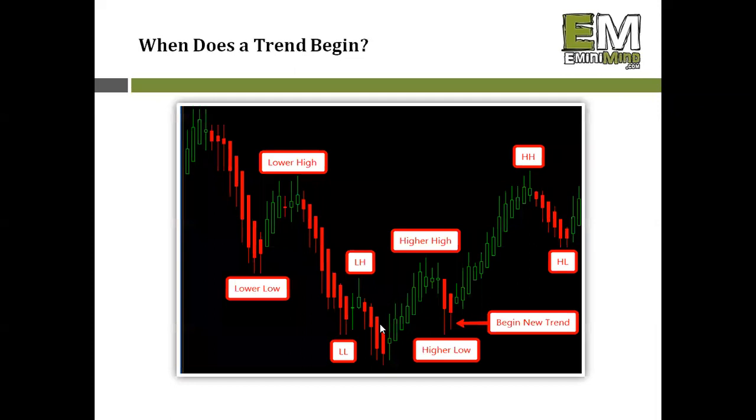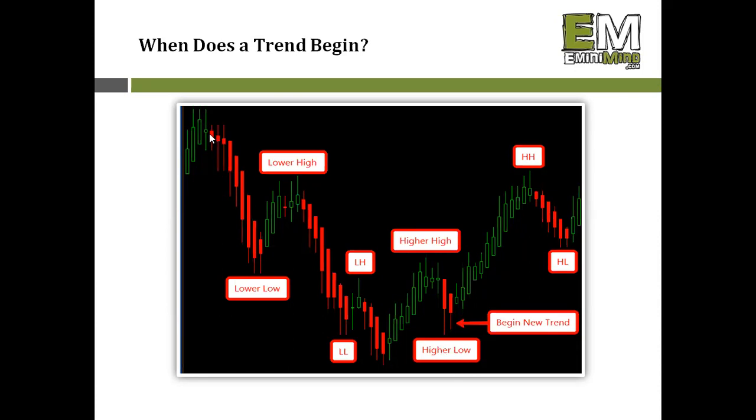And that occurs when the market switches by breaking above a lower high and puts in a higher high. That's kind of the first sign that the downtrend is failing. And the trend then officially begins when we put in that higher low.